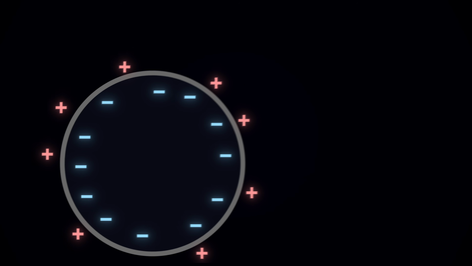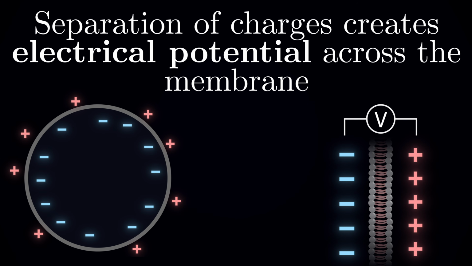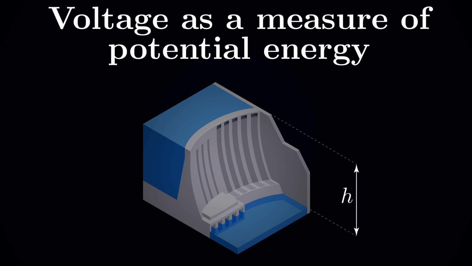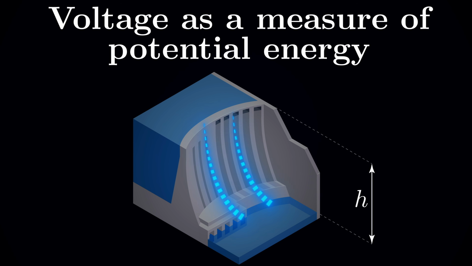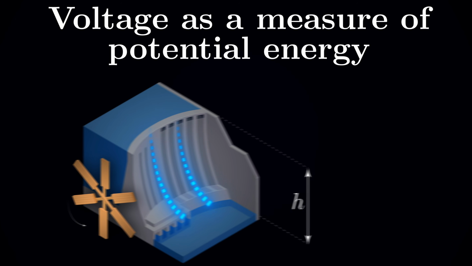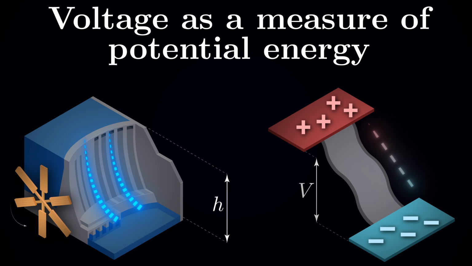This separation of charges creates what is known as electrical potential or voltage. You can think of voltage as a measure of potential energy, arising from the imbalance of charges across the membrane. It is similar to the potential energy of water held behind a dam. Just as water has the potential to flow downhill and do work, the separated charges have the potential to flow and create an electrical current, if given a path to do so.